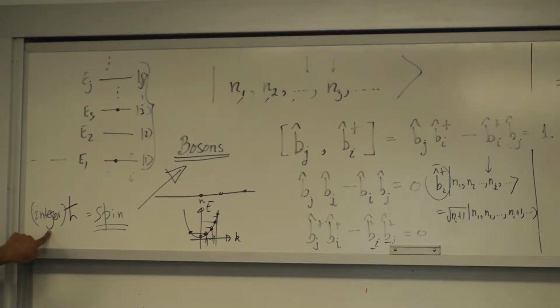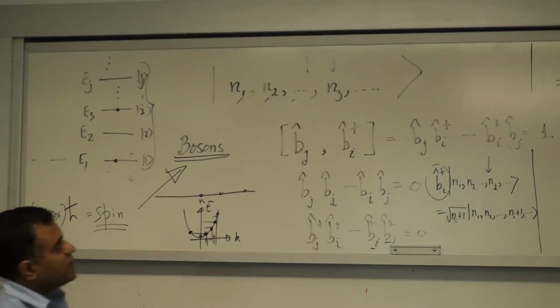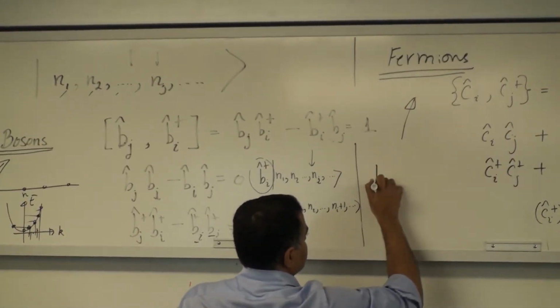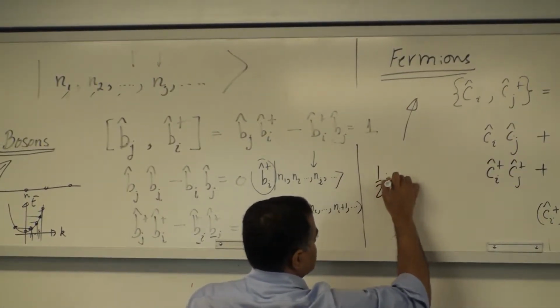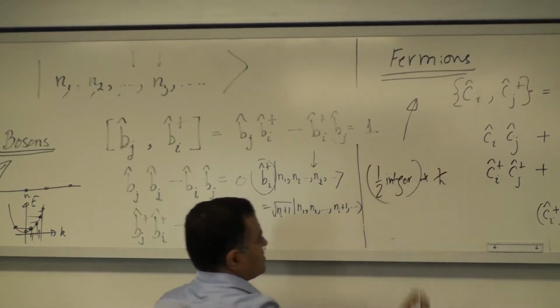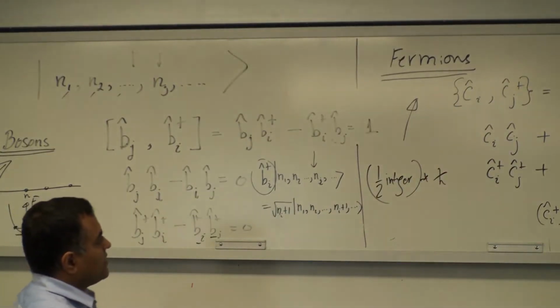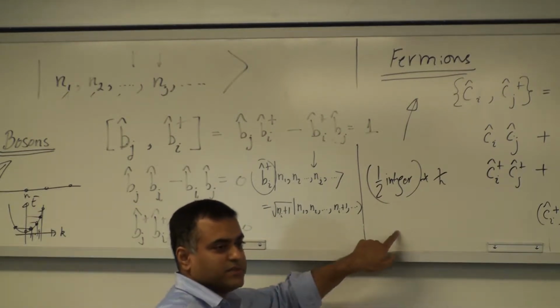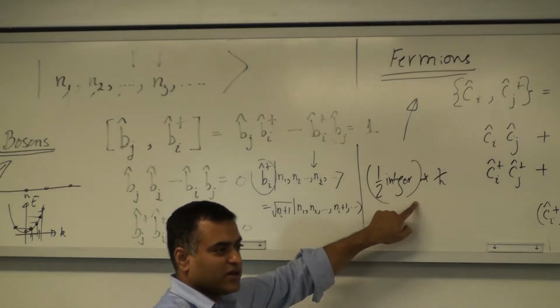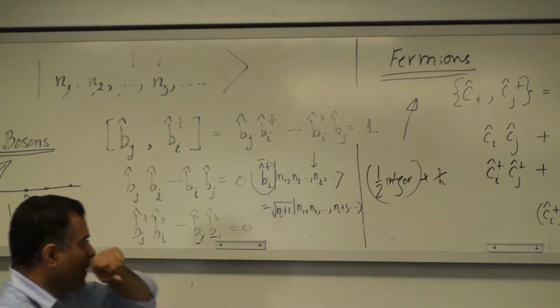Integer could be 0, 1, 2, 3, 4. Fermions must have half integer spin, times h bar, so it cannot be 0. It could be plus minus half h bar, plus minus 3 half h bar, and so on.